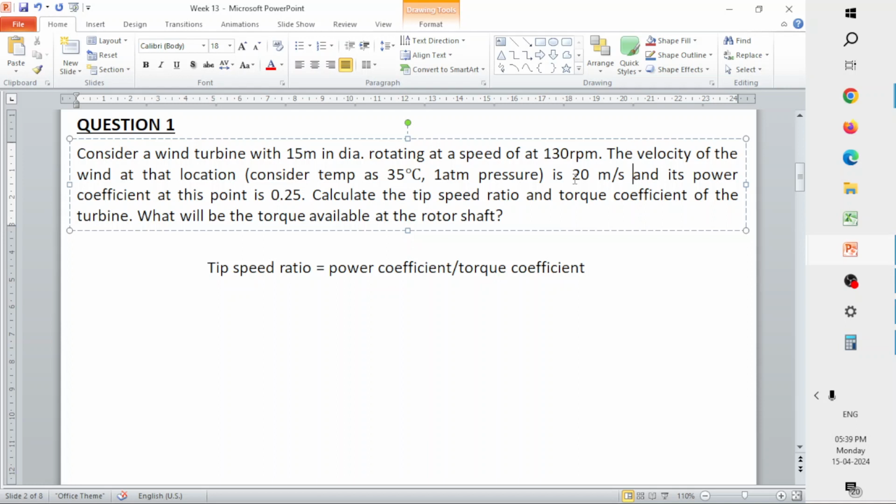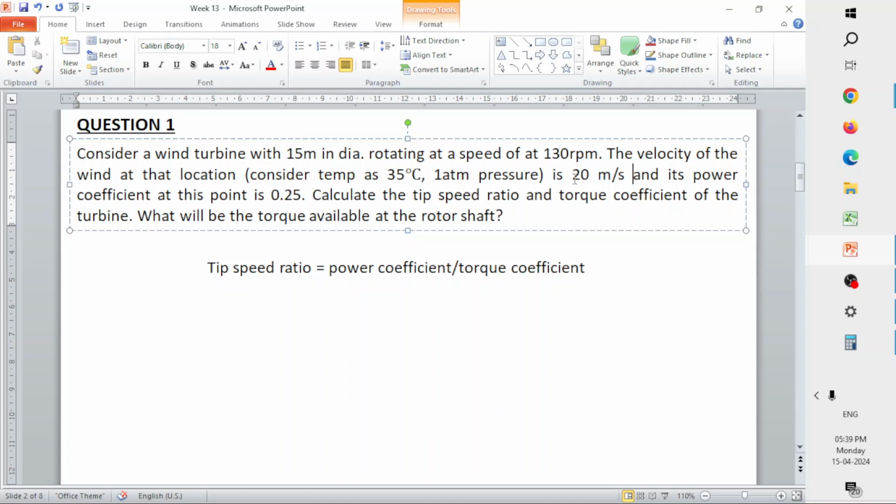Torque coefficient, as we saw yesterday, is defined as the ratio of the actual torque available at the rotor to the theoretical torque.